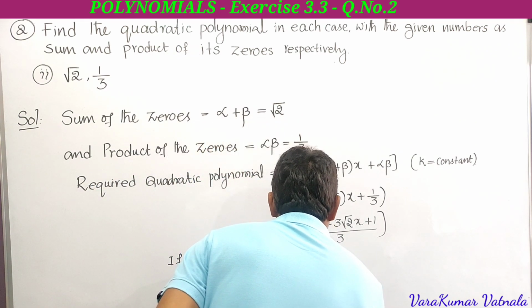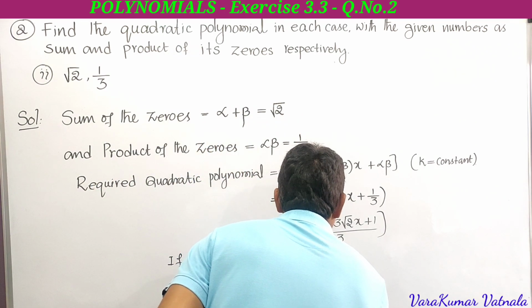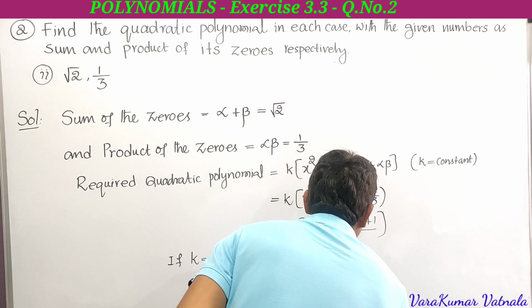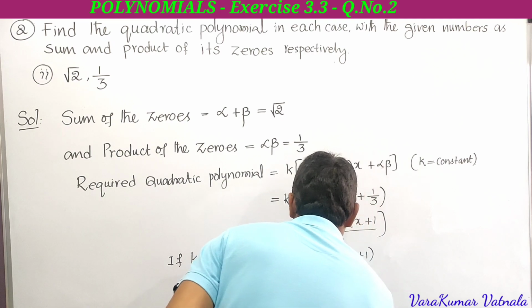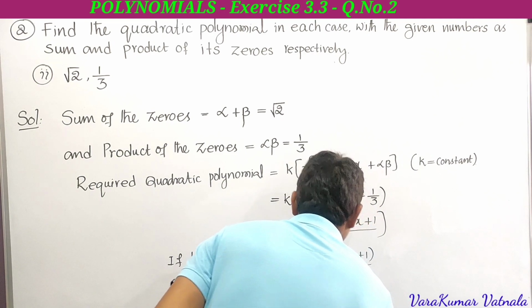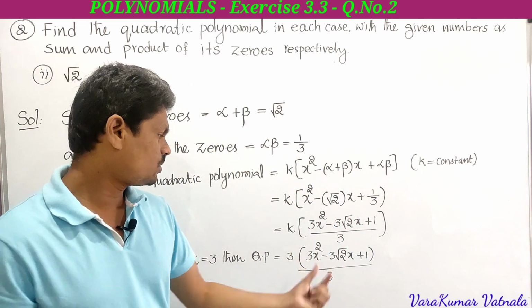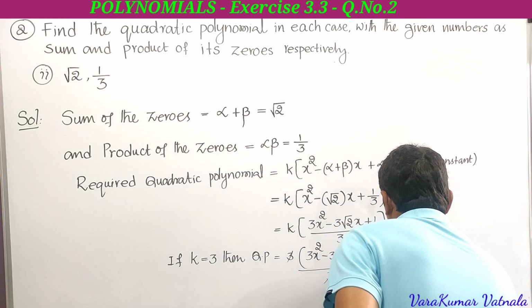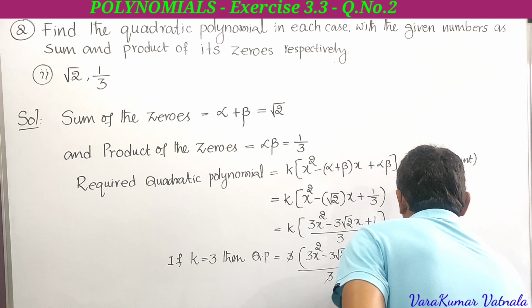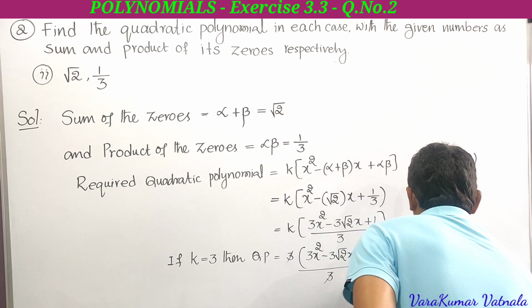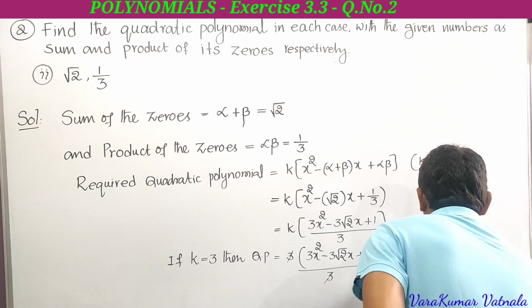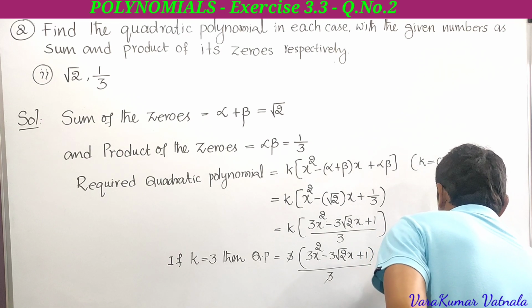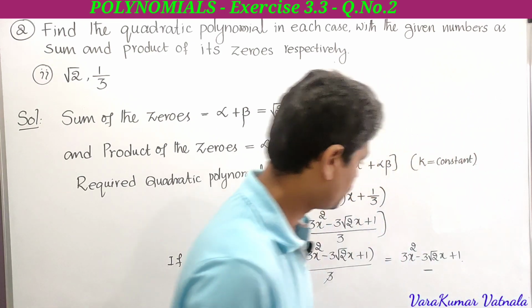So 3 into 3x square minus 3 root 2 into x plus 1 divided by 3. So 3 gets cancelled. We can get 3x square minus 3 root 2 x plus 1. So this is the required quadratic polynomial.